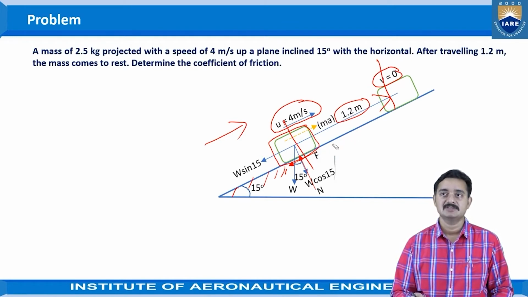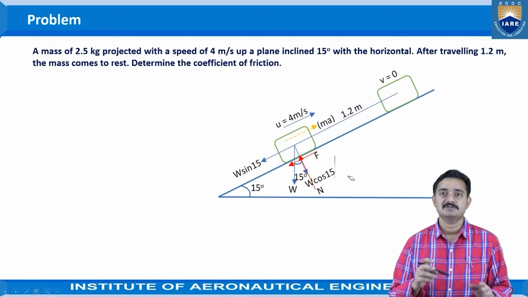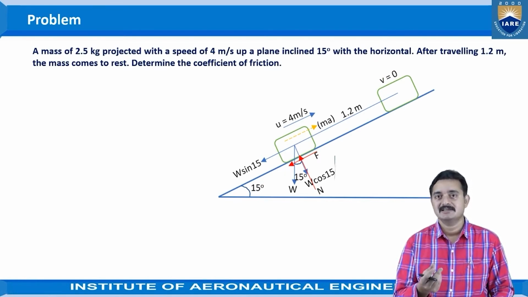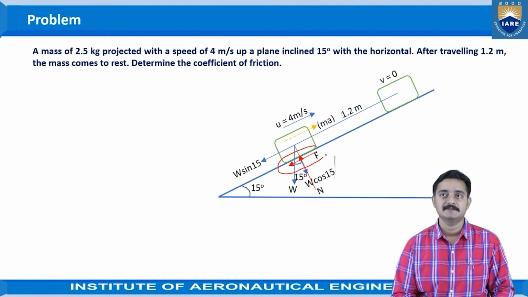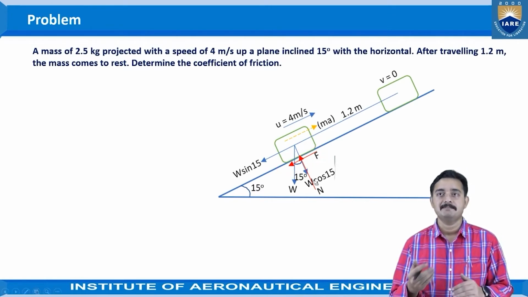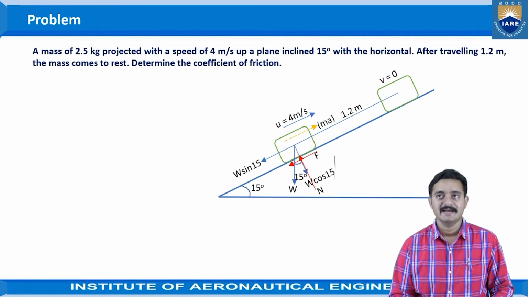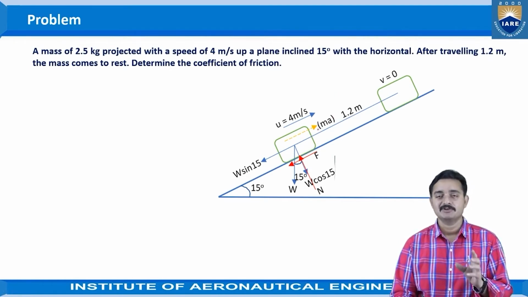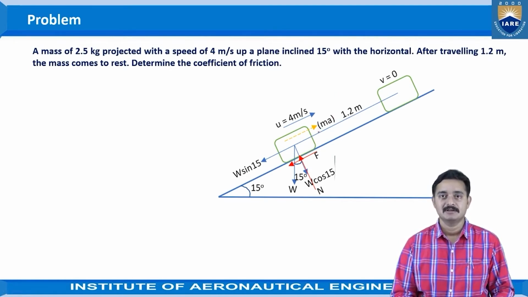Now, they are asking us to find the coefficient of friction, that means the value of mu. When it is termed as the coefficient of friction present in the system, that means there is friction prevailing at the contact surface of the block, or the mass, and the plane. So, now we need to apply the free body diagram and show the direction of friction as well as the inertia force.